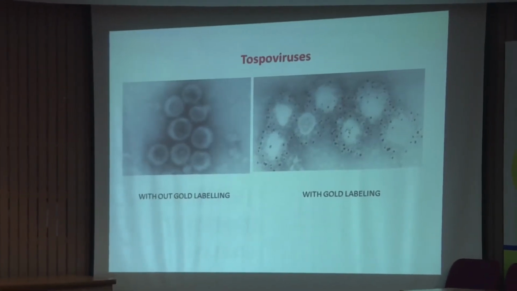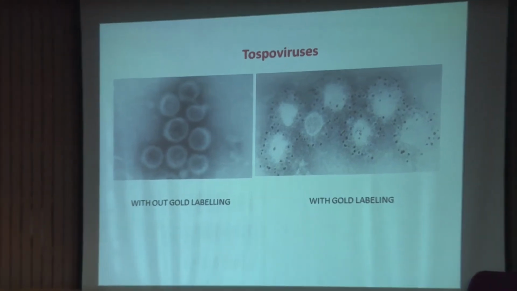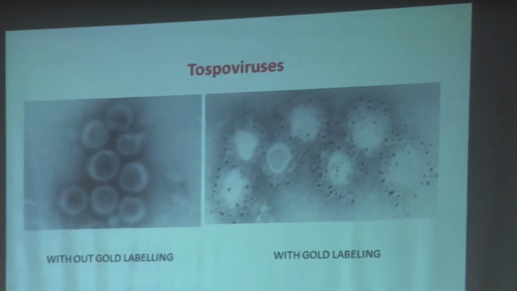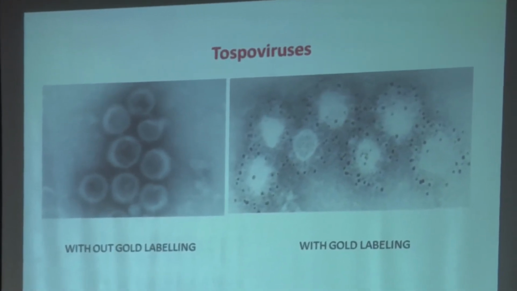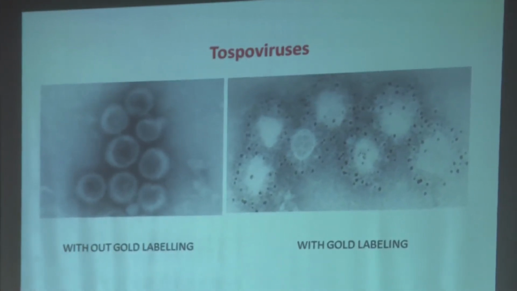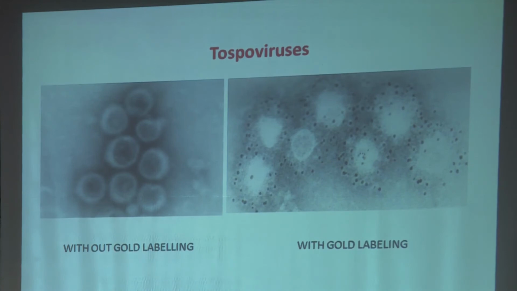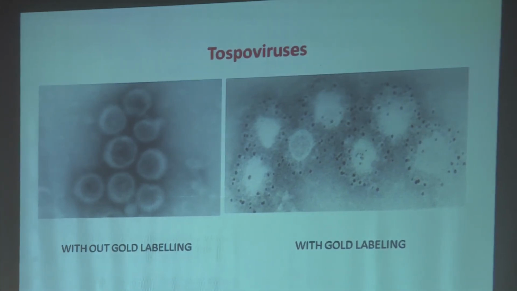Here you see the difference. These are tospovirus particles without decoration, but they look as if there is some decoration, so it is confusing. In that case we use gold particles. The gold particles bind along the surface of the virus particle where the antibody binds.